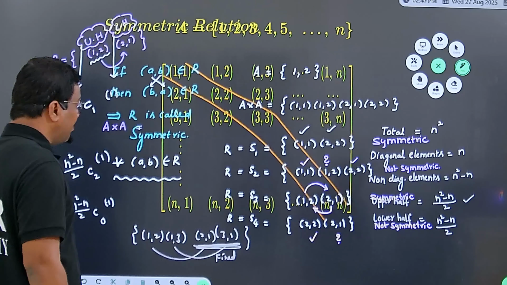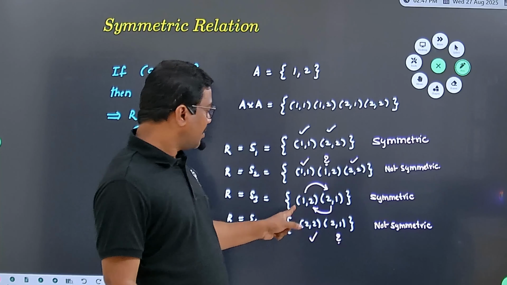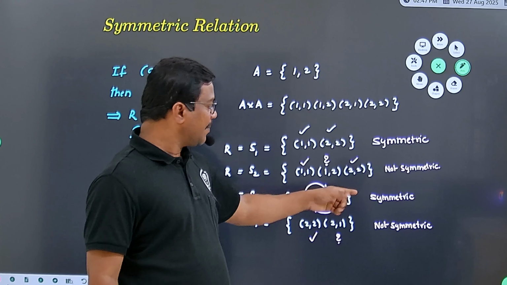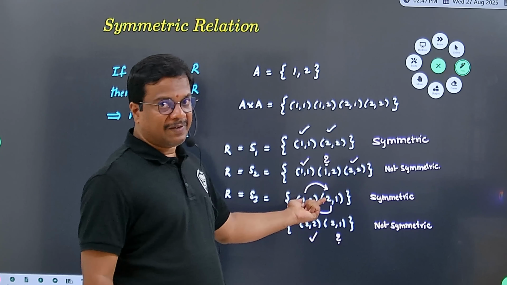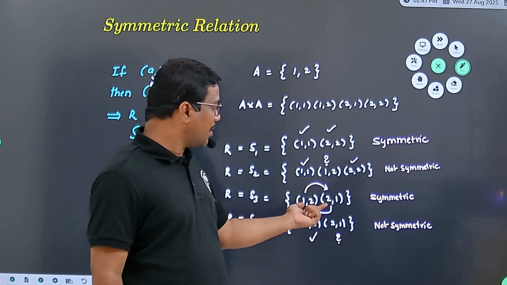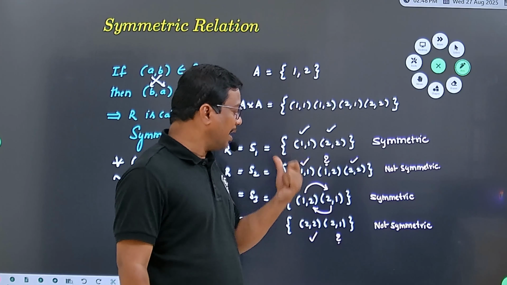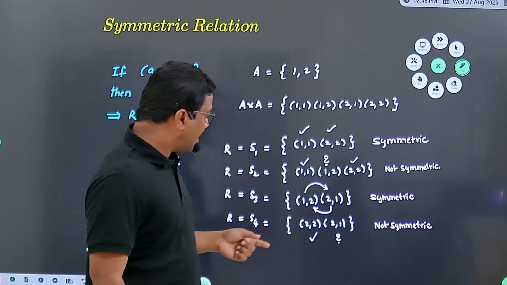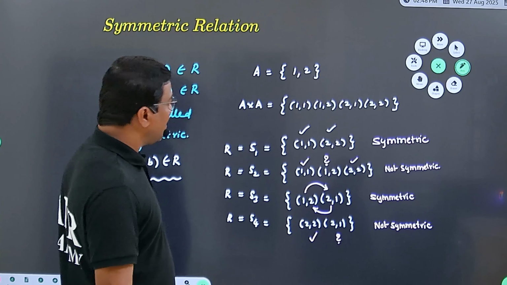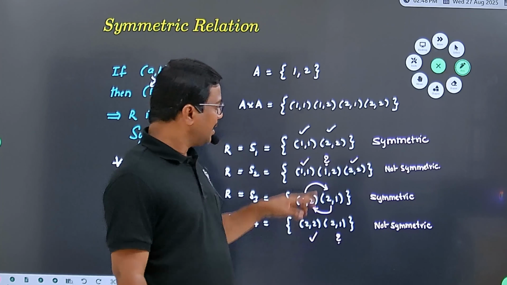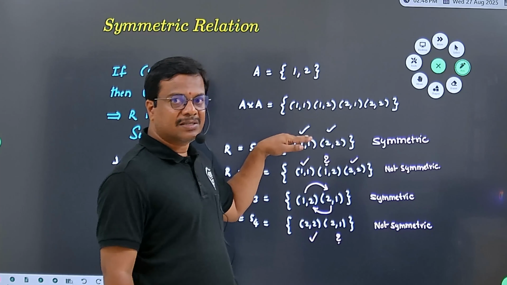Here in this example, it is very clear. 1, 2, 2, 1, it is symmetric. There is no principal diagonal 1, 1, 2, 2. So, yes, it is without diagonal elements. And here is another example. If I write 1 comma 1, 2 comma 2, it is symmetric with only diagonals.